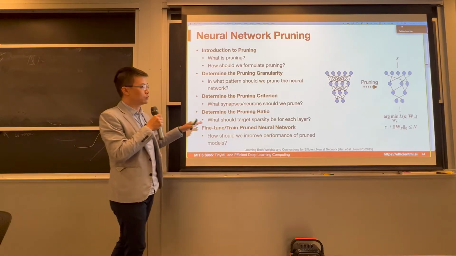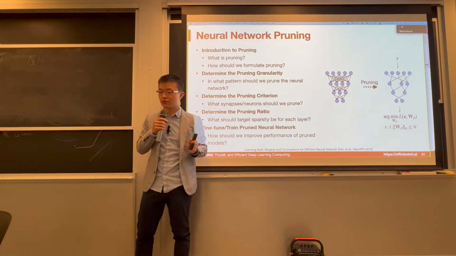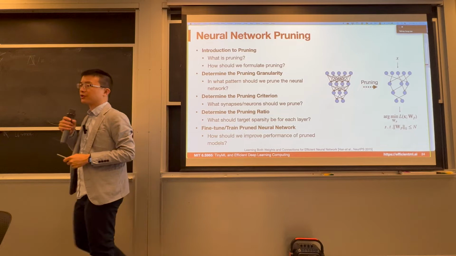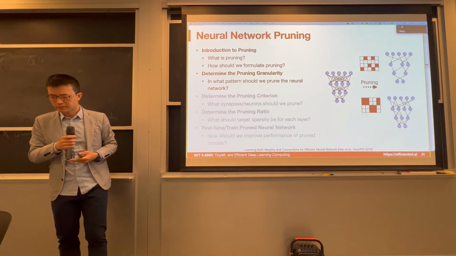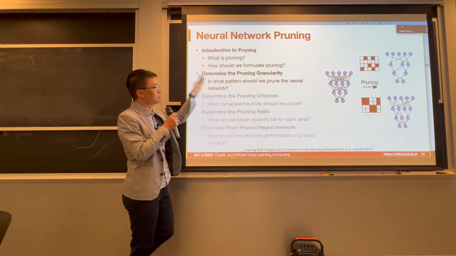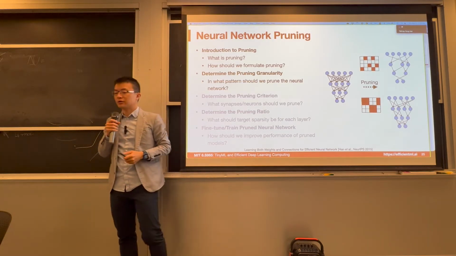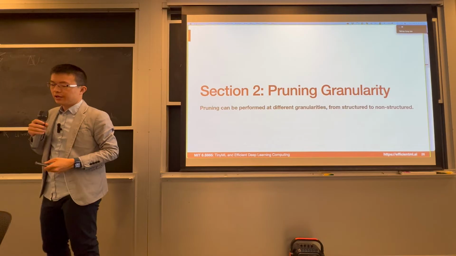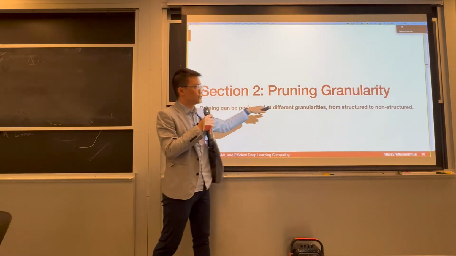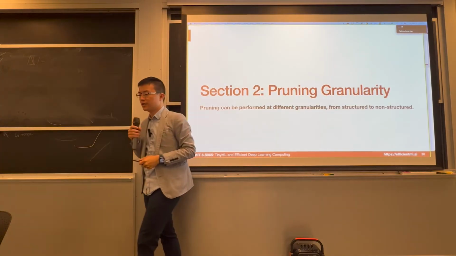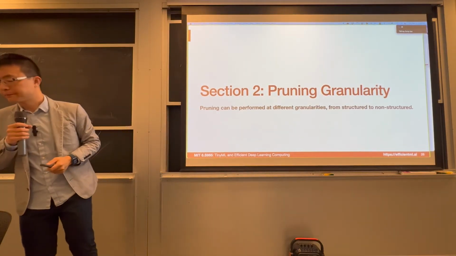And finally, how do we fine-tune the remaining parameters, those surviving parameters, to recover the performance? So let's start with determining the pruning granularity, and then discuss the trade-off between structured versus non-structured pruning.